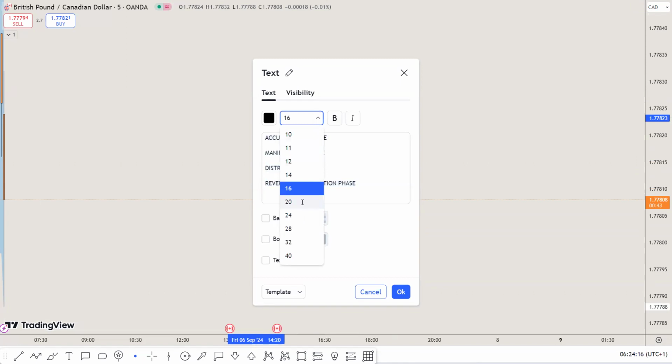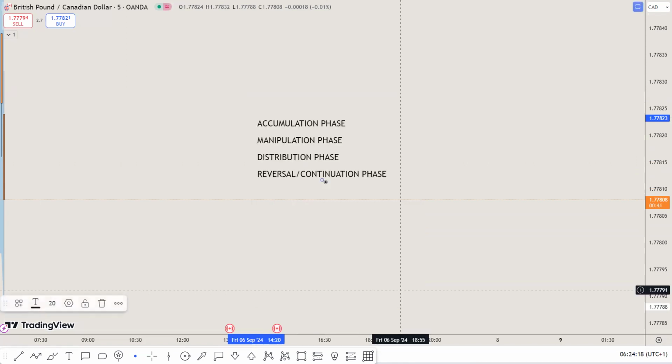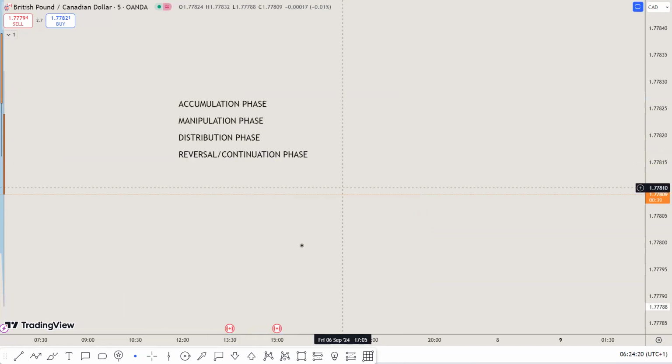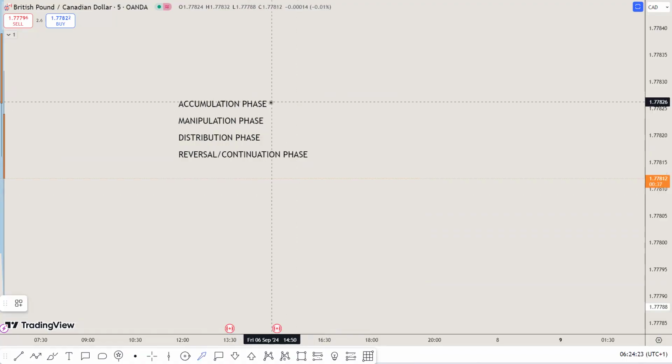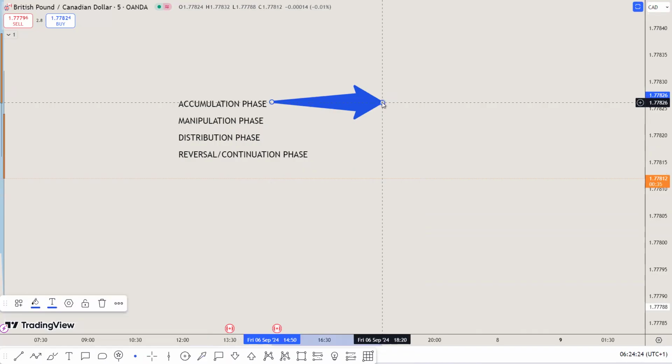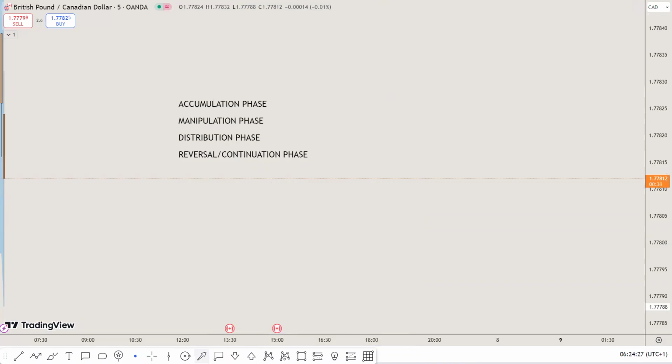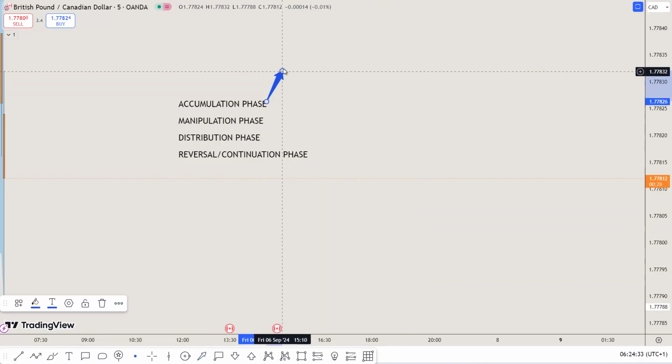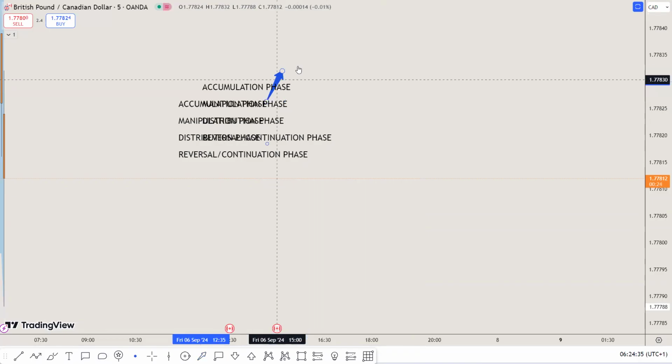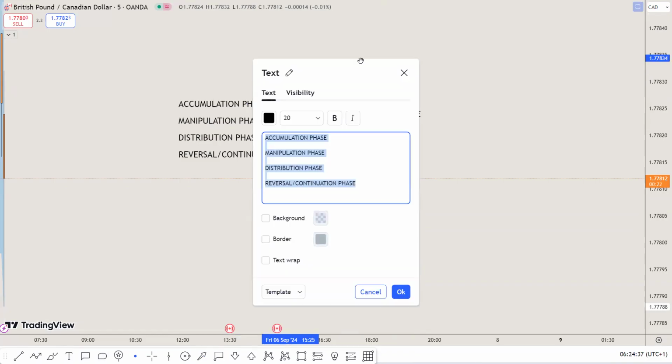So let me just take this 20. All right. So the accumulation phase is more like a ranging market.